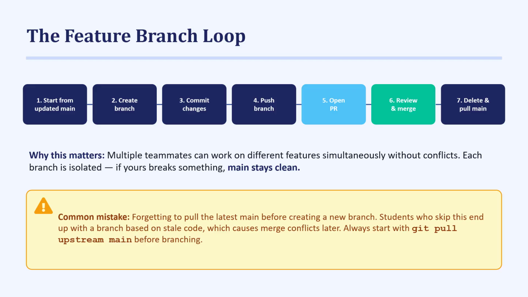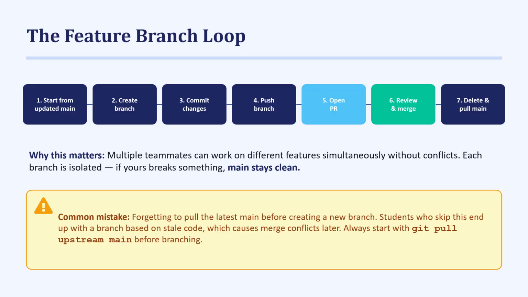You make your changes, commit them to the branch, push the branch to GitHub, then go and open a pull request to main to merge the changes that you have in your branch. You get it reviewed under whatever rules the repo that you're working in requires. And if it meets all of the requirements and passes all the rules, you get it merged. Then you can delete the branch and pull the updated main.